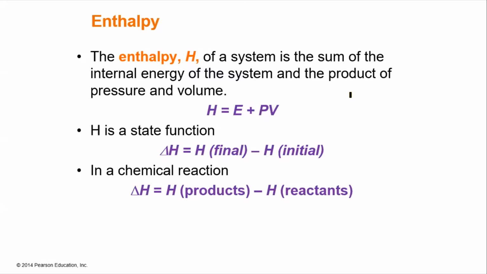Now here's the catch. In our world of chemistry, we have just said the system that I'm interested in is a chemical reaction. What is the initial and the final state in a chemical reaction? Well, the initial state is the reactants, and the final state is the products.